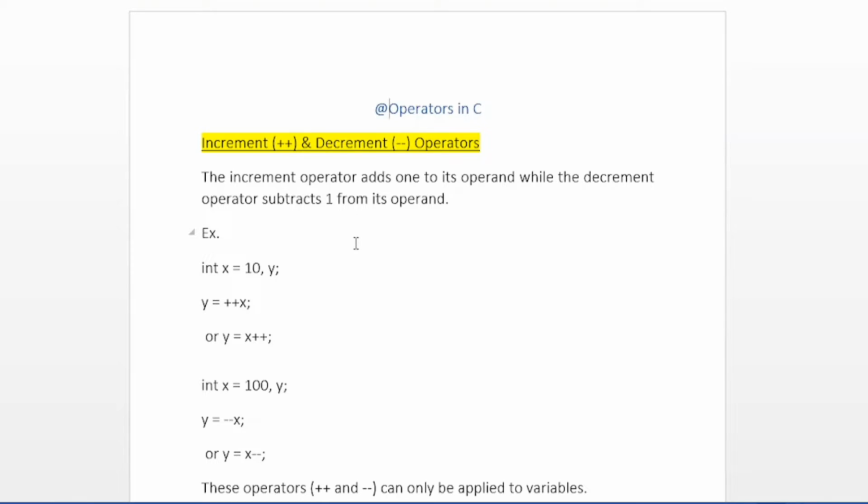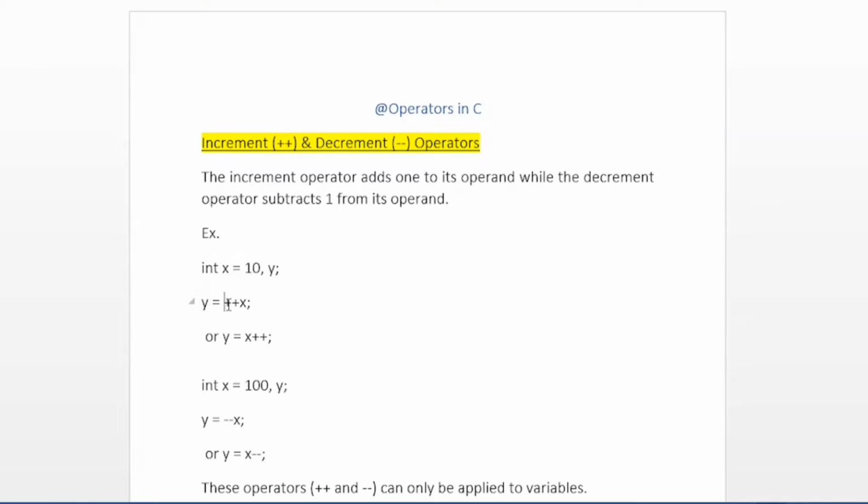The increment operator plus plus basically adds 1 to its operand, and the decrement operator basically subtracts 1 from its operand. Like here, x is equal to 10 and y is uninitialized. Now here y is given the value plus plus x.